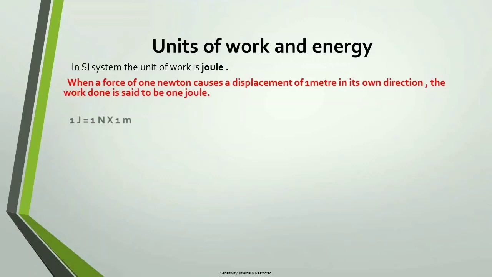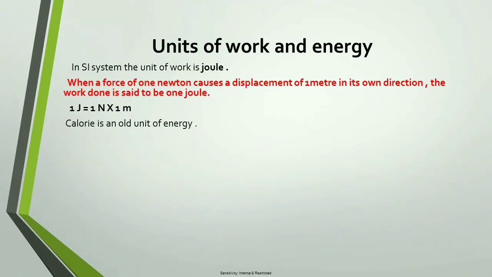You can see here, J is for joule, N is for Newton, which is the SI unit of force, and m is for meter, which is the SI unit for displacement, or distance. So 1 joule is equal to 1 Newton × 1 meter.